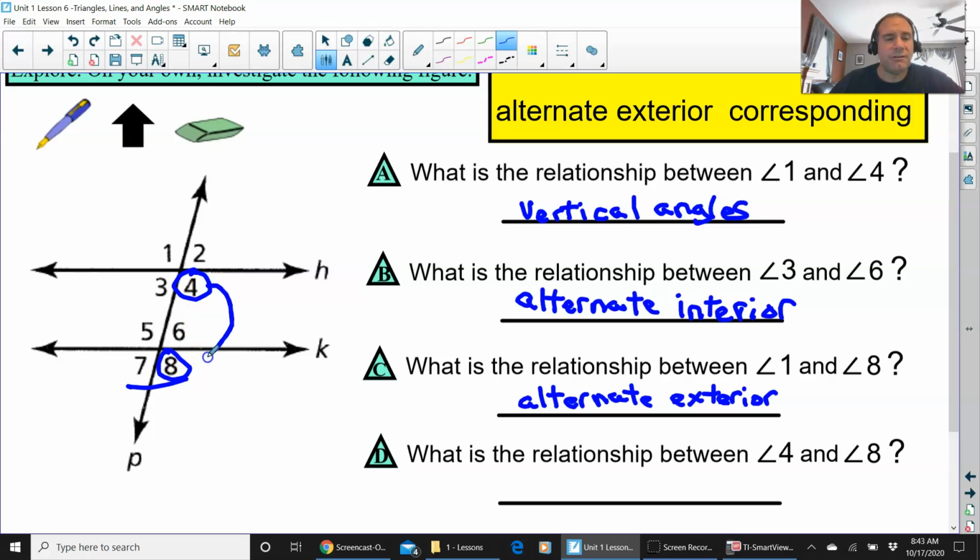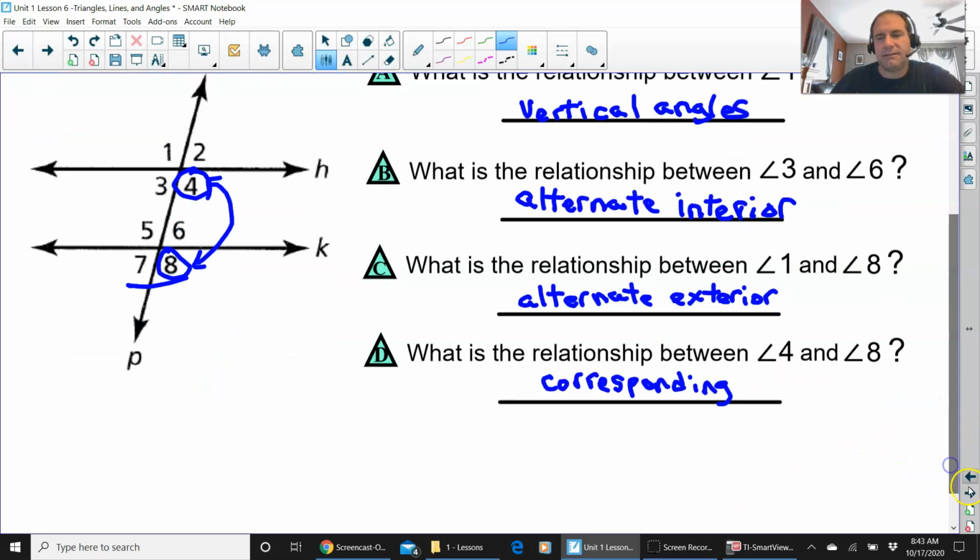Same location, same spot, so that is corresponding. The relationship between 4 and 8 is corresponding angles. And that is it.